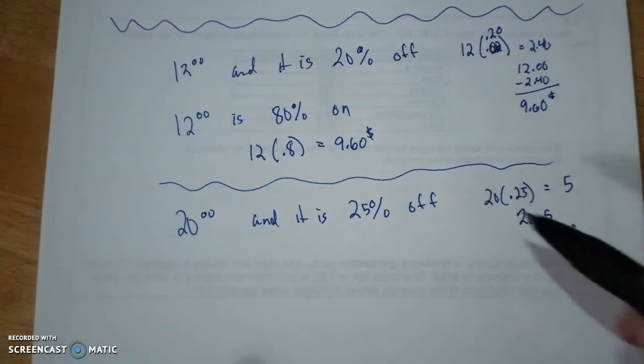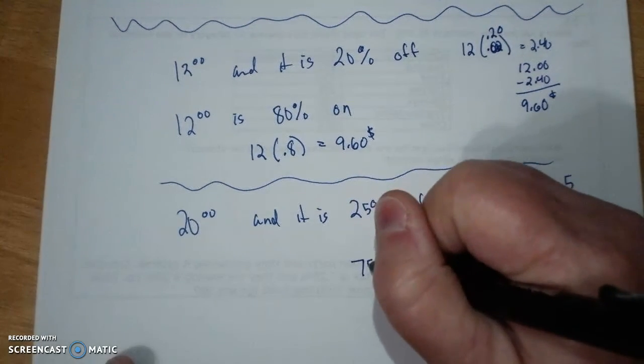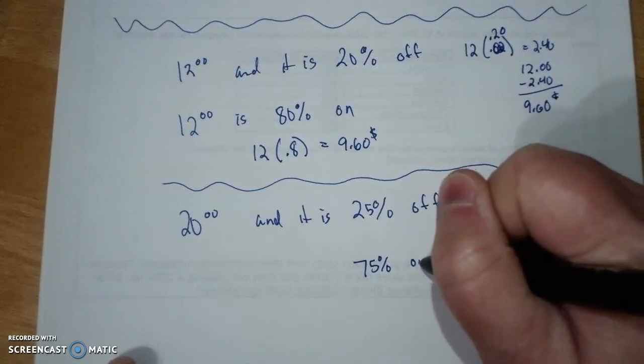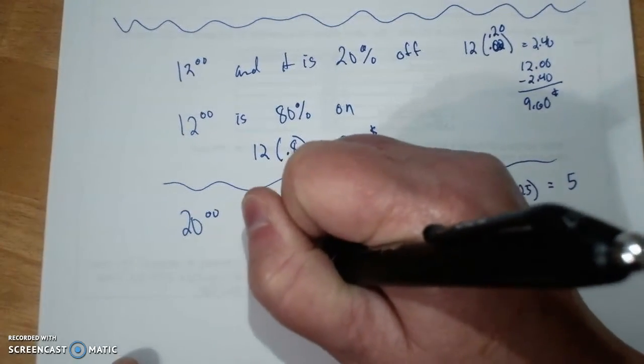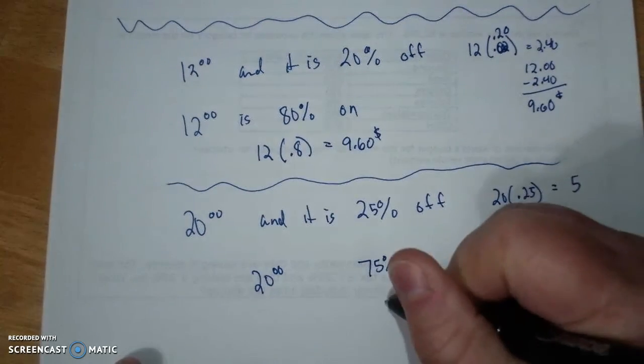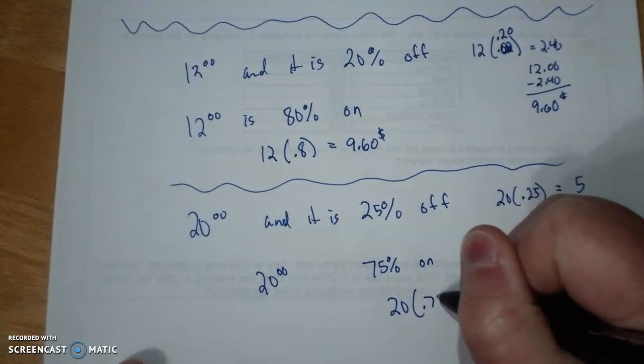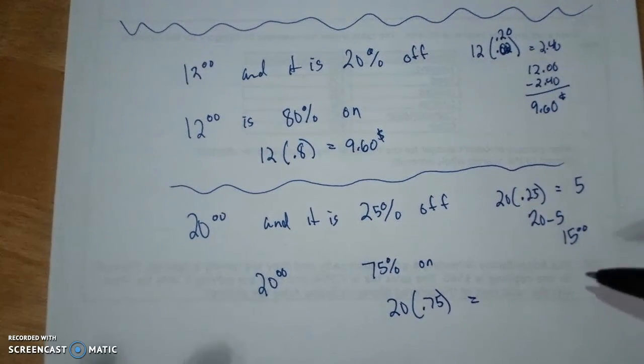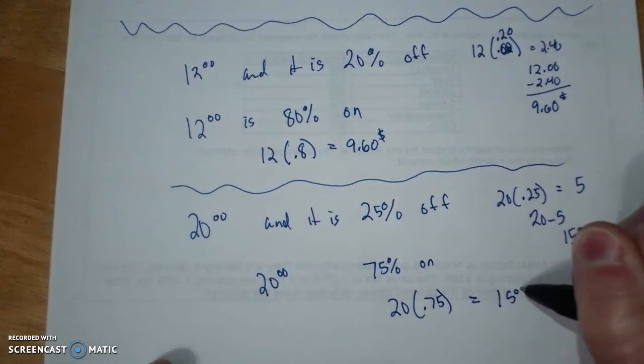Well, 25% off is 75% on, or $20 charge. And so that would be 20 times 0.75 equals 15.